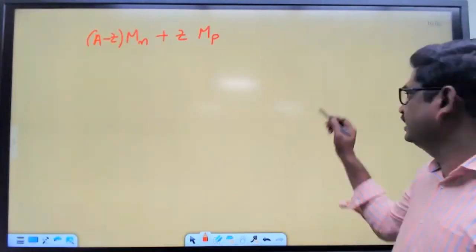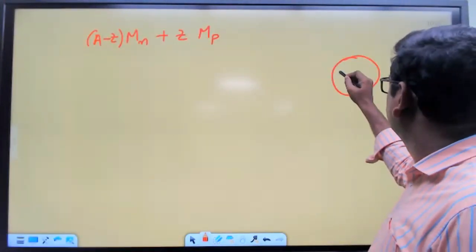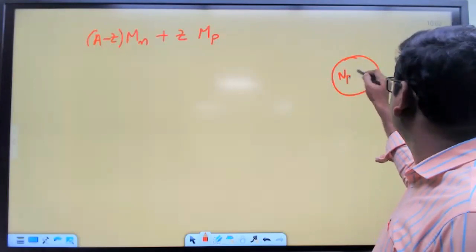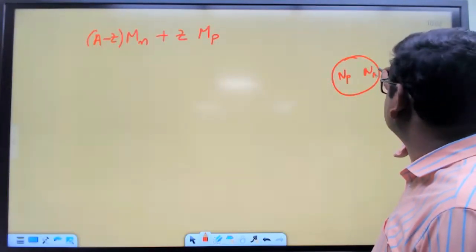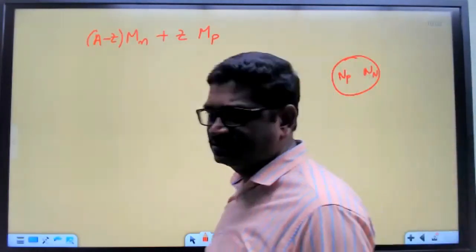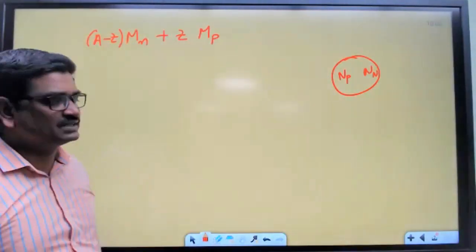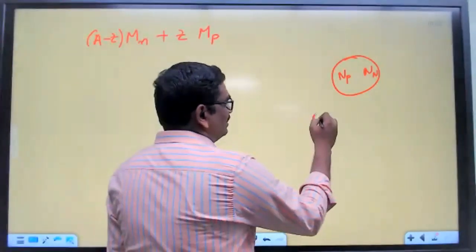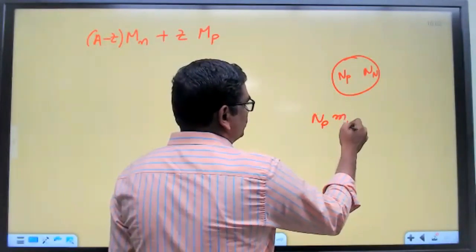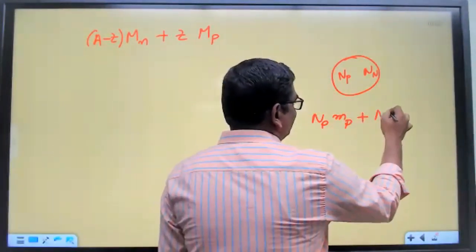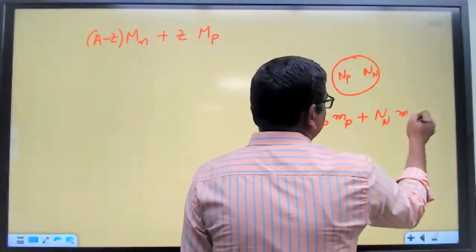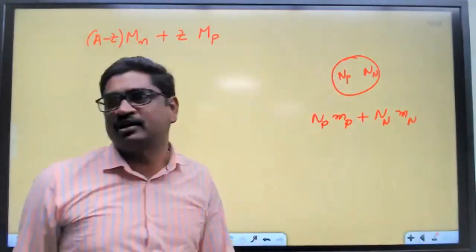In a nuclei, n number of protons and n number of neutrons are there. Now what is the total mass? Mass can be written as number of protons into mass of each proton plus number of neutrons into mass of each neutron. Is it correct or not?